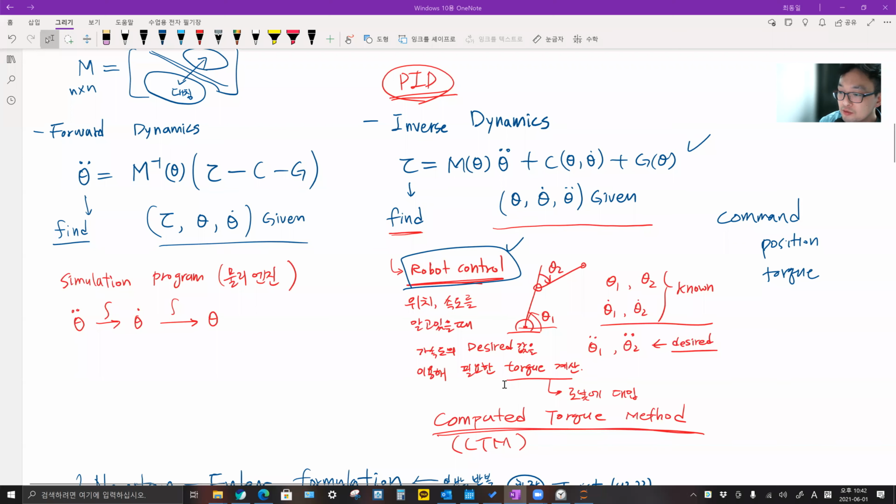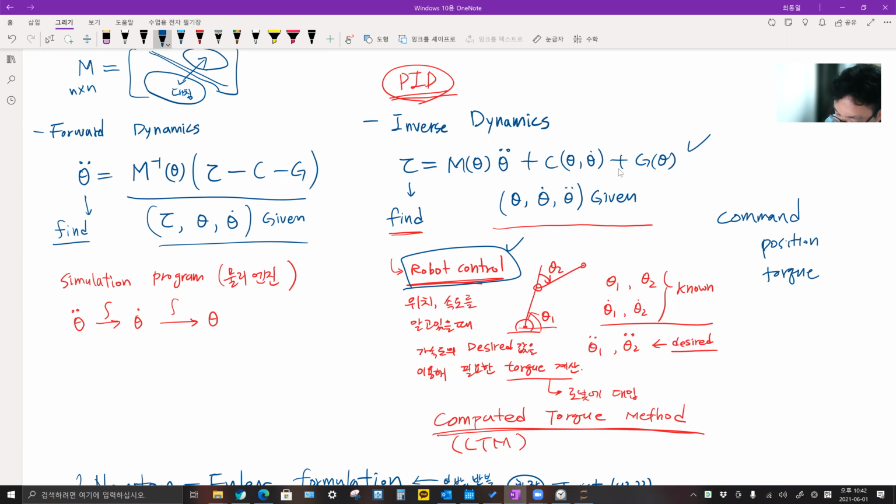So for the computed torque method, we can use inverse dynamics. In case of forward dynamics, if we reverse these two terms to here, and if we take the inverse of the M matrix, we can make this kind of equation.